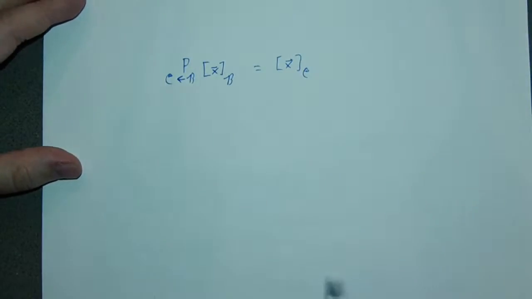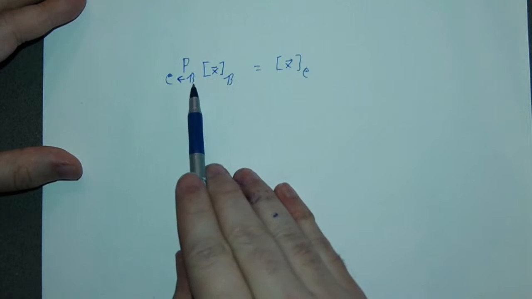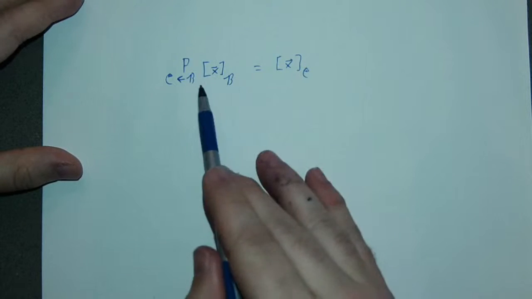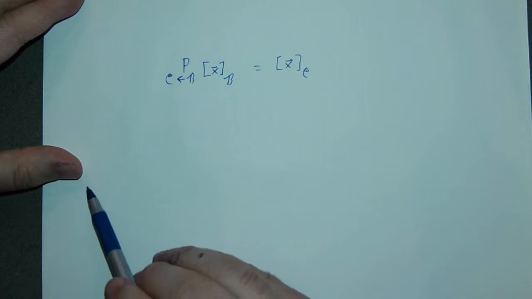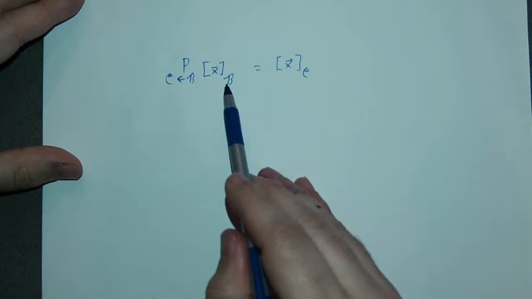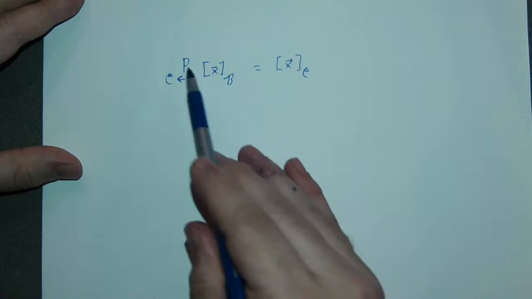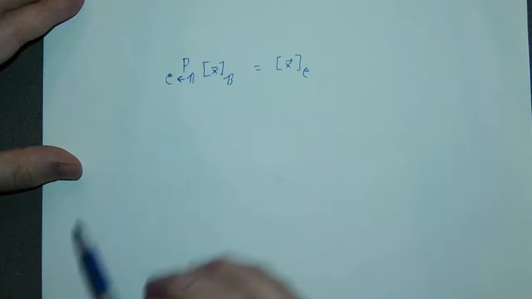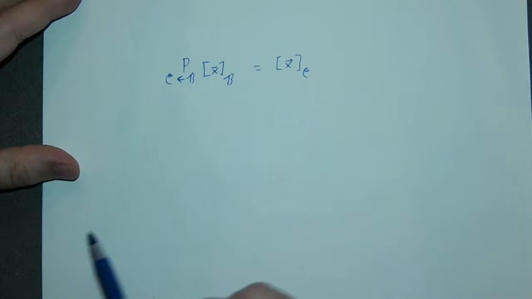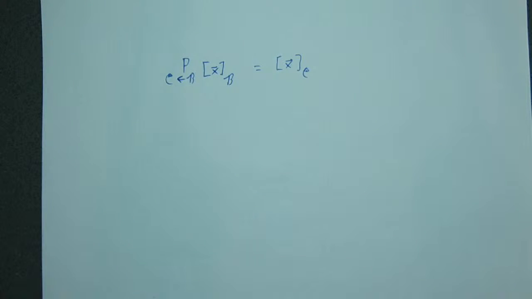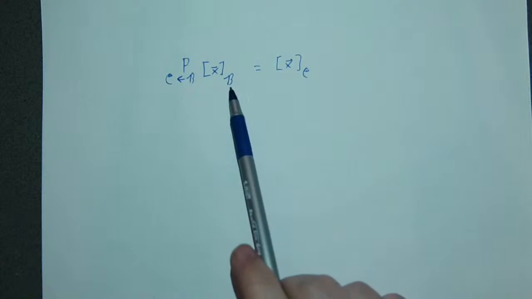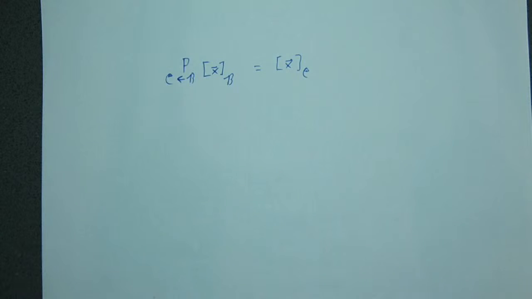The way to remember this is that the B needs to be on the same side that you're multiplying on. So I have the B coordinate vector, the B is on the right because I'm multiplying on the left here, and it takes me to the C coordinate vector. So I go from B coordinates to C coordinates.